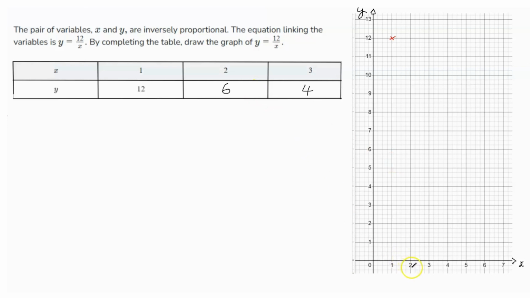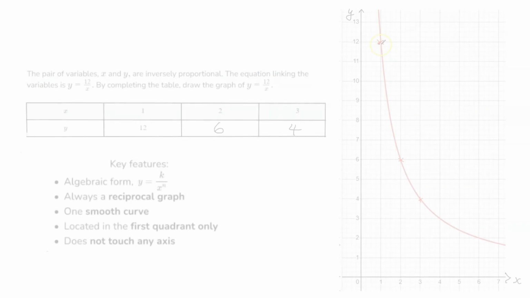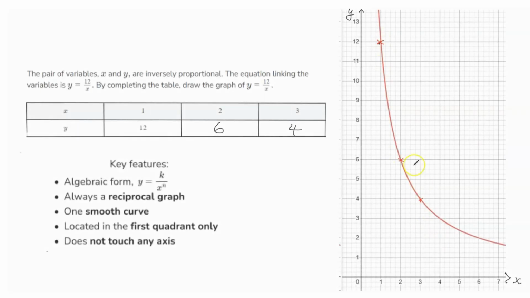When x is 2, y is 6. That's our next coordinate there. And when x is 3, y is 4. So that's our next coordinate there. So here we have the graph of the equation y equals 12 over x. So let's label it y equals 12 over x.